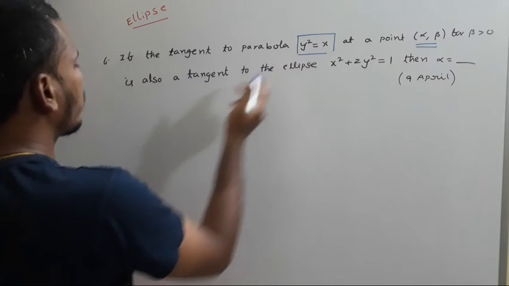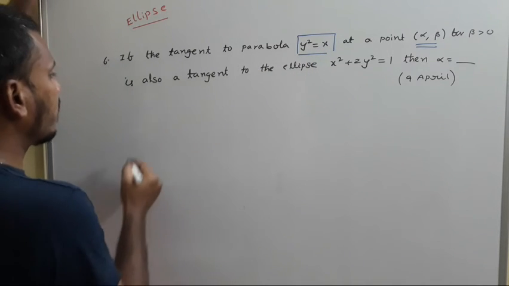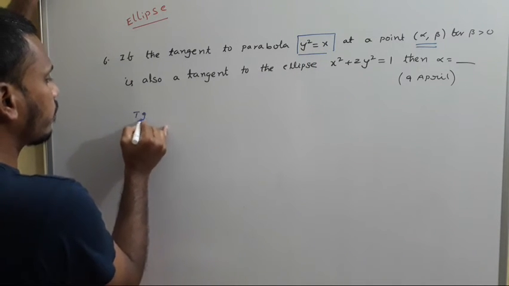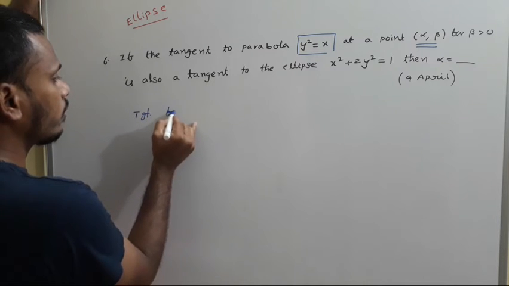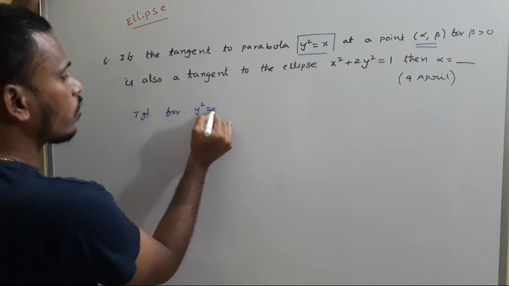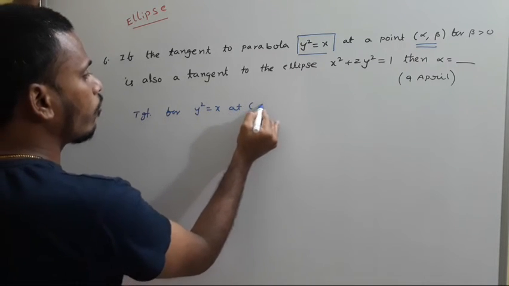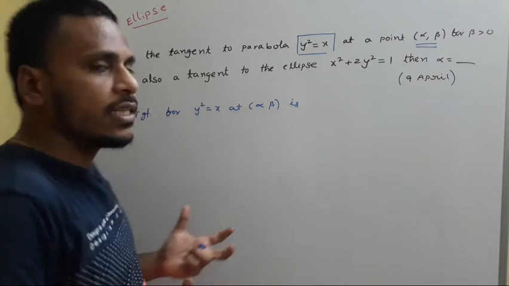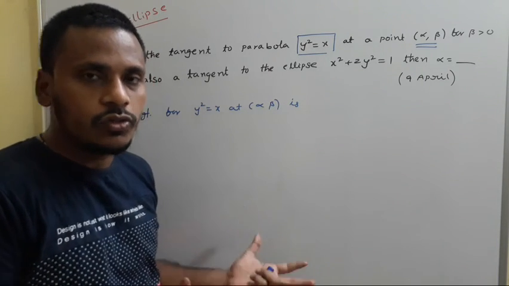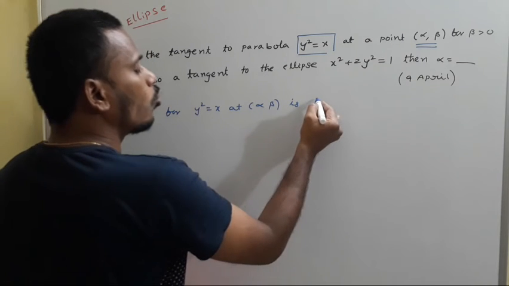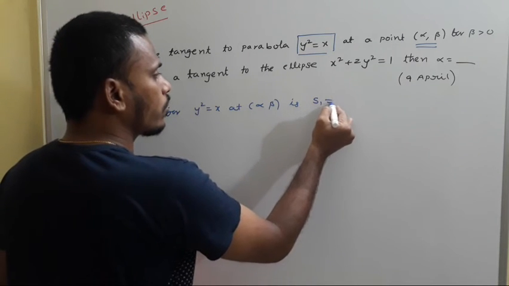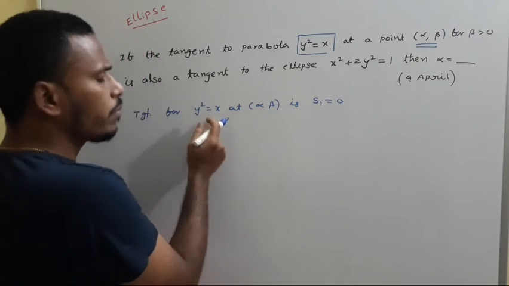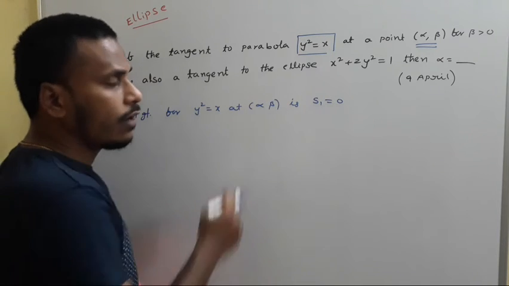First of all, y square equals x at (alpha, beta). The tangent for y square equals x at (alpha, beta) can be found in different ways. One of the ways is to go with S1 equals 0. That means replacing one y and one x with alpha and beta.